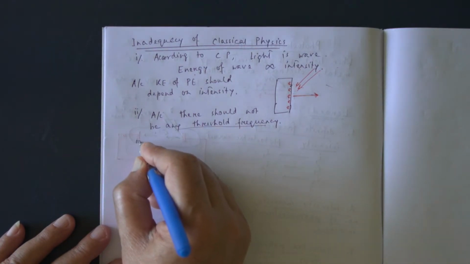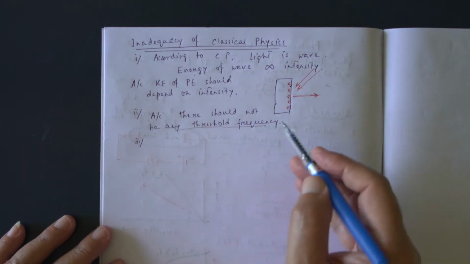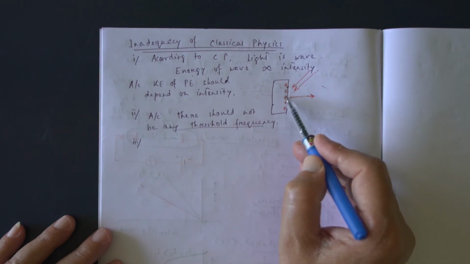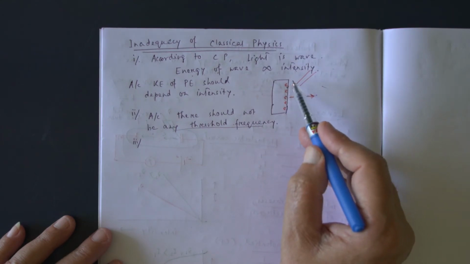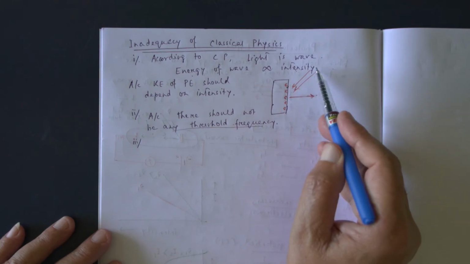The third point is that since light is a wave, electrons should be emitted from the metal only after some time from irradiation.